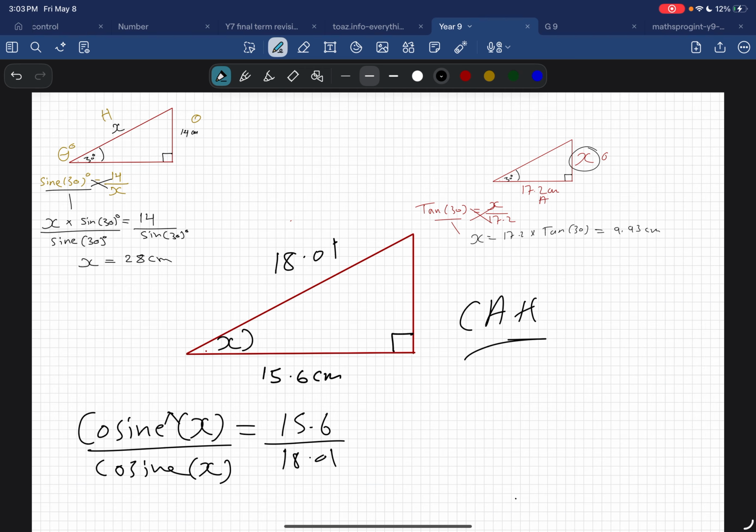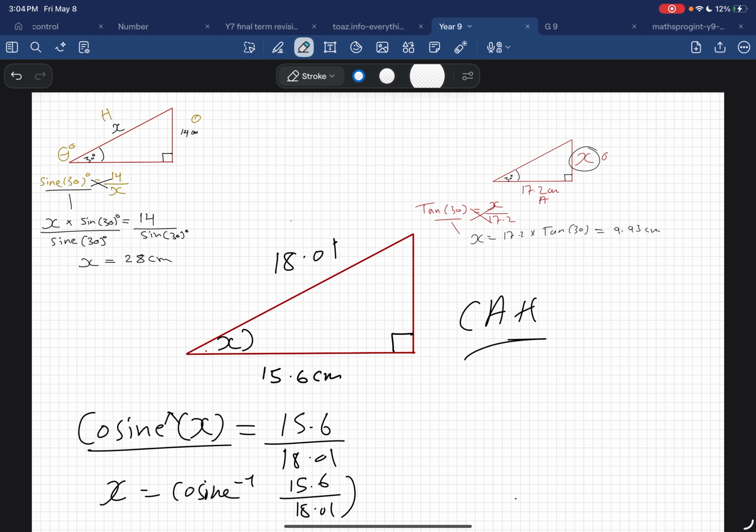But you can have something simpler. You do x equals shift cosine of 15.6 over 18.01. On your calculator, you're gonna press shift then cosine and you have this form shown to you. After you do that, you're gonna get your value, which should be 30.